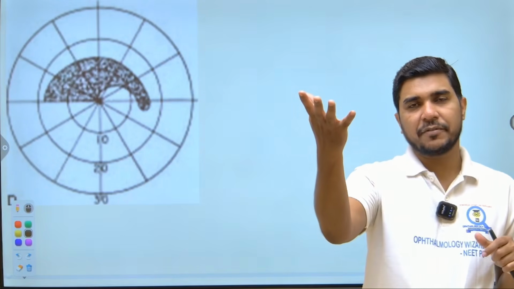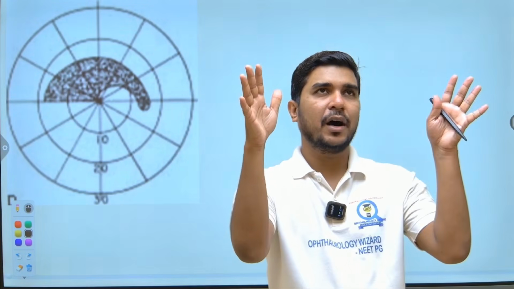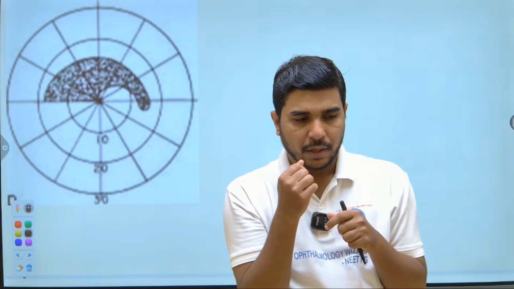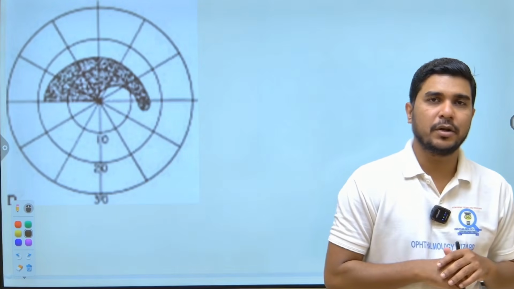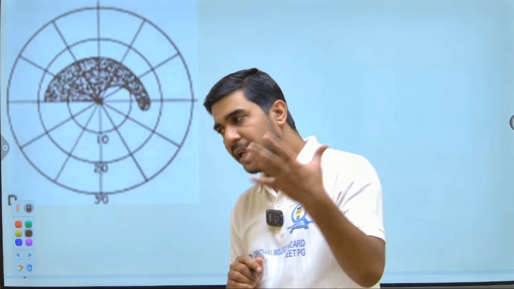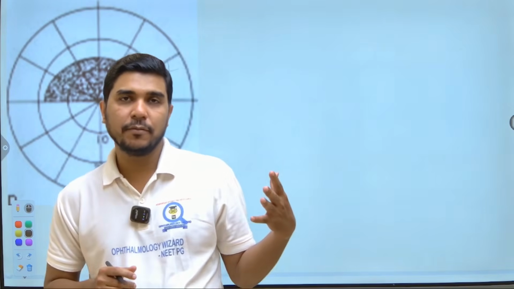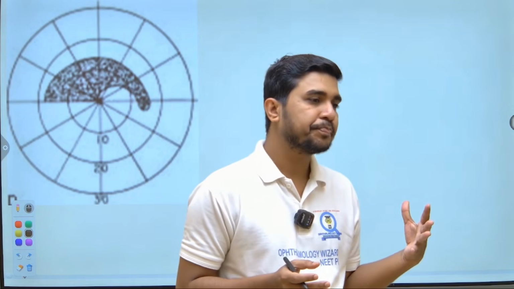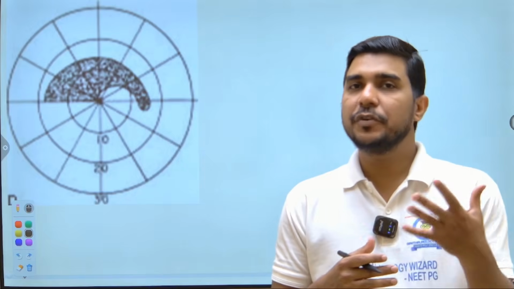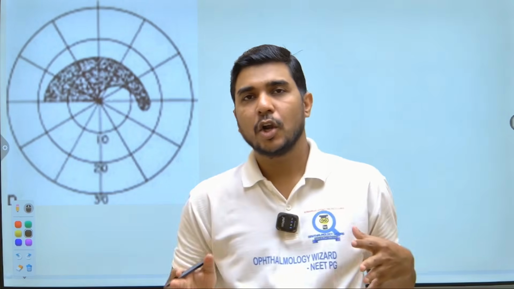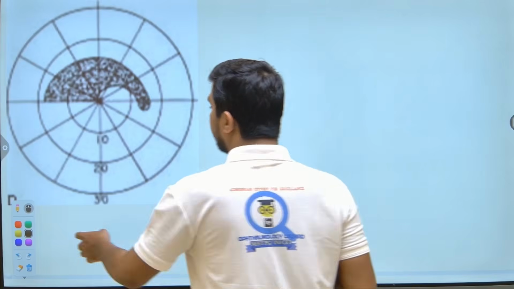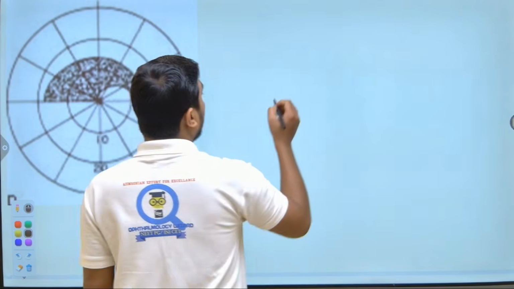What is this? When a person is suffering from glaucoma, you will have a visual field defect. This is one kind of visual field defect. Let us understand the types of visual field defects that you see in glaucoma.